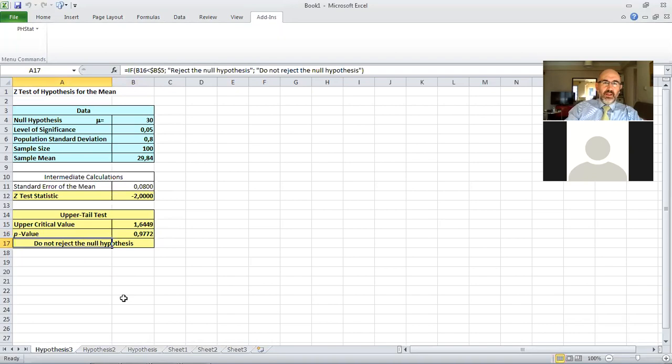The decision is do not reject the null hypothesis, because when the right tail test is concerned, the alternative is mu is greater than 30, and the rejection area is on the right tail, the area that is greater than 1.64. So that's it for using PhStat with the z-test.